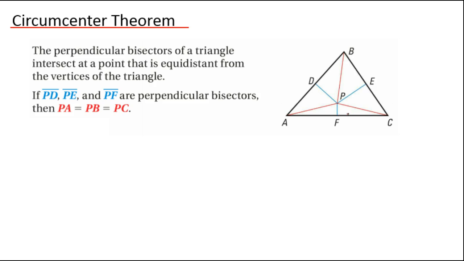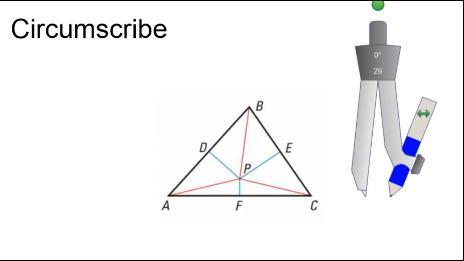Now, something we find unique about this is that if we were to take, for example, this center mark and relate this to a circle, this becomes a radius of a circle. We can actually circumscribe a circle around my entire triangle. Now, what that means, better yet, let me just show you guys. So here we have my triangle, and here we have a compass.